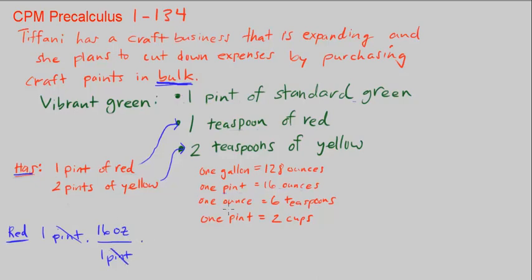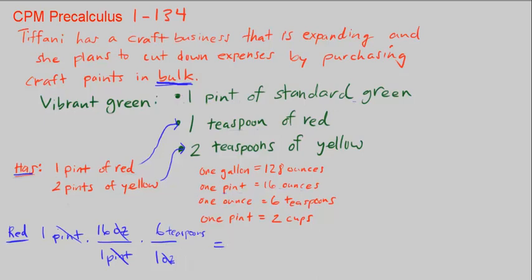Then if we multiply by 1 ounce equals 6 teaspoons, we want to put ounces in the denominator to cancel these out. So 1 ounce is 6 teaspoons, and the ounces cancel out, and we're left with 1 pint equivalent to 1 times 16 times 6 teaspoons.